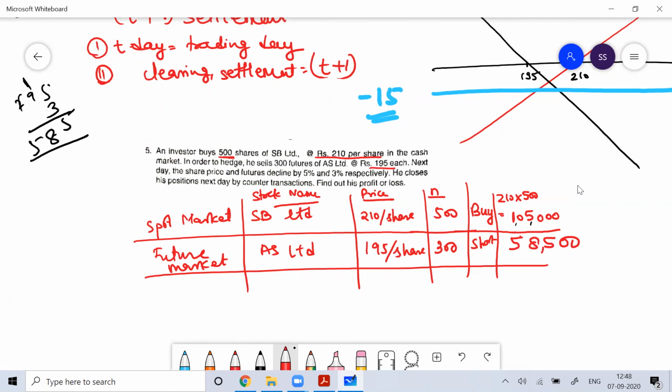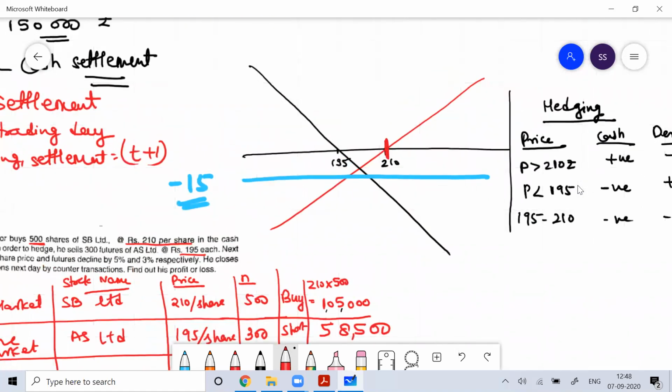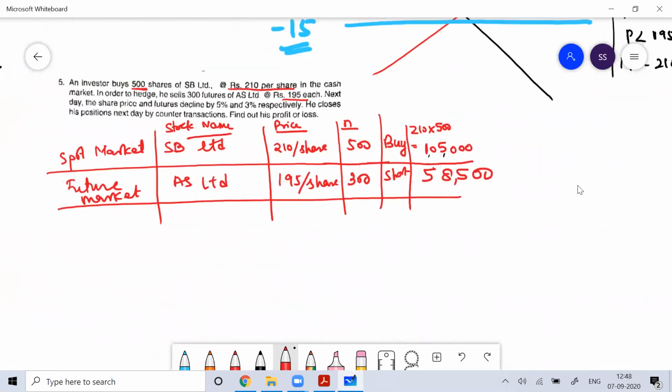So next day the share price and future price both will decline. Understand one thing: you bought at 210 rupees, so if the price falls, you get a loss in the spot market and a profit in the derivative market. I hope you're understanding.